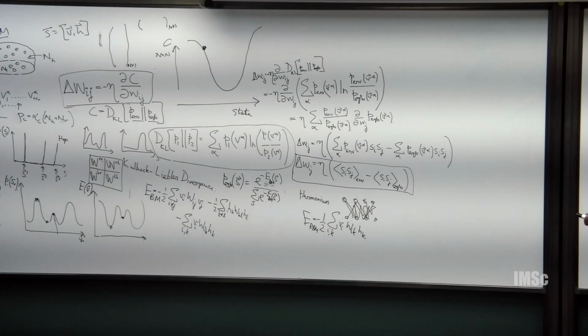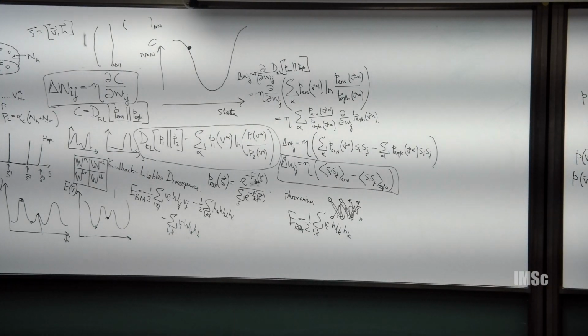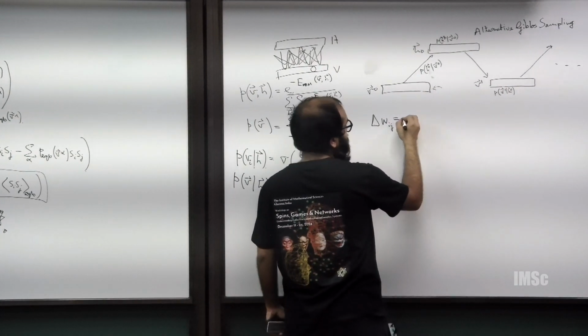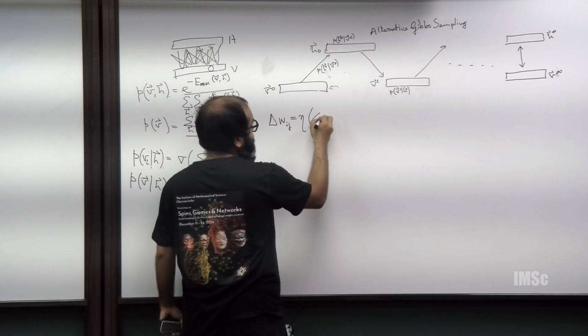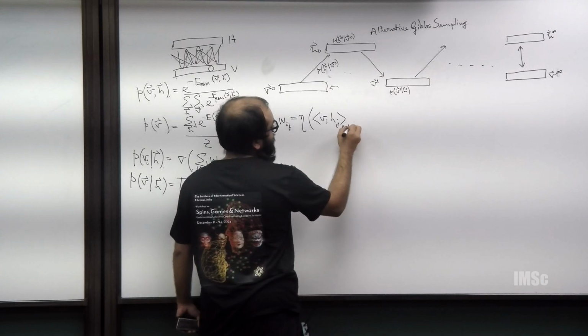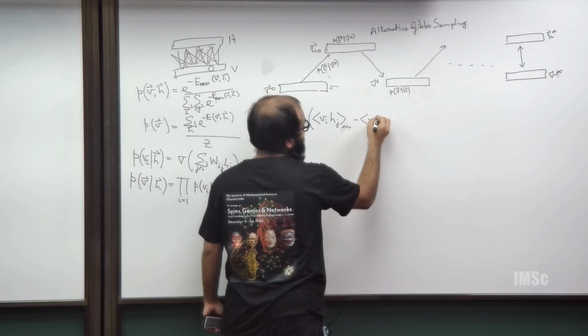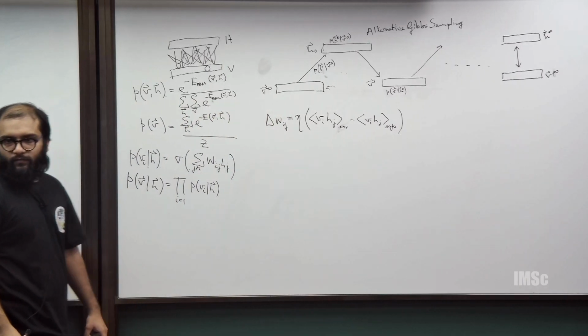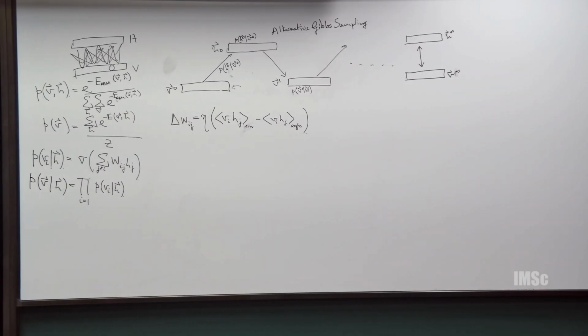The delta W_ij, if you do that same calculation, will be eta times V_i A_j in the environment minus V_i A_j at equilibrium. Same spirit as that one. Here I can write V_i A_j separately because I have only one set of weights, the cross weights. Here I had everything connected.